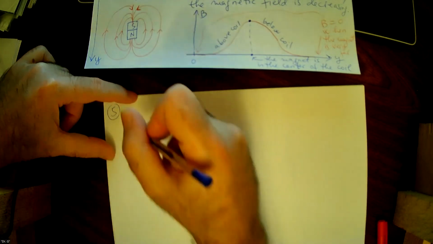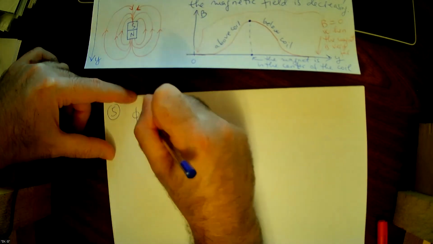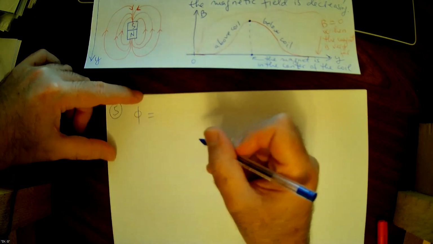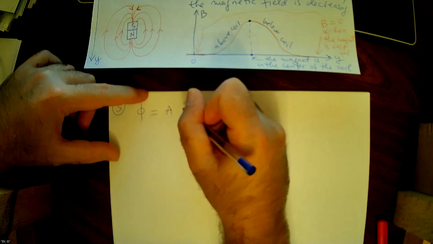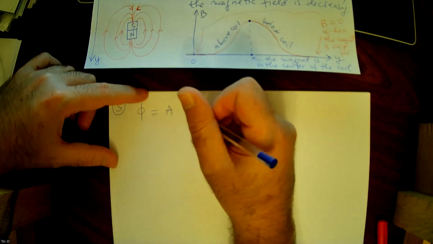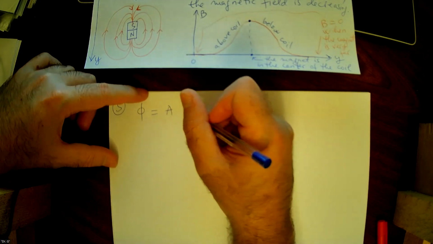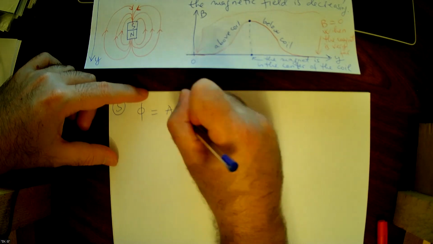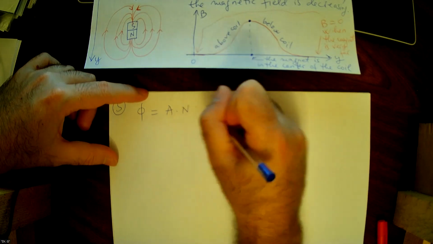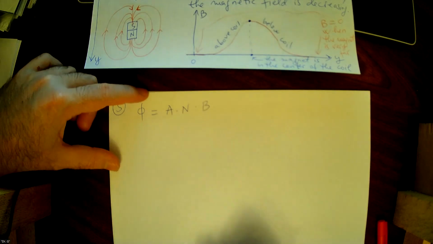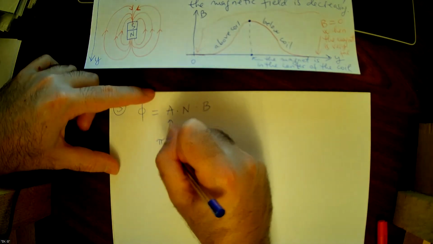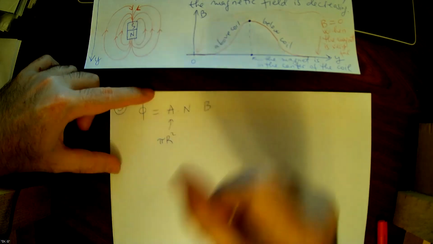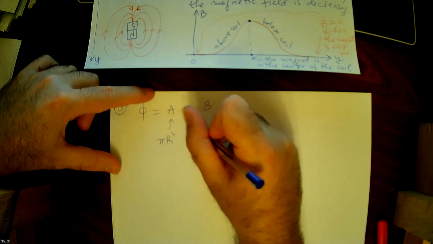So the magnetic flux is the area of the circular loop of wire times the number of loops times the magnetic field, pi r squared, number of loops.